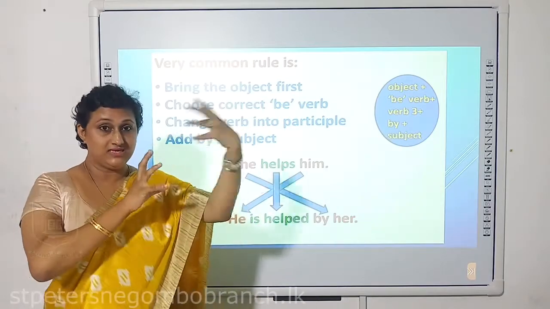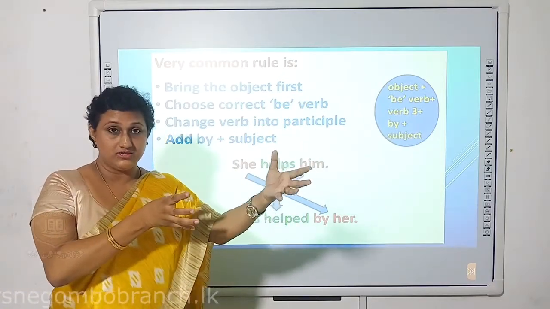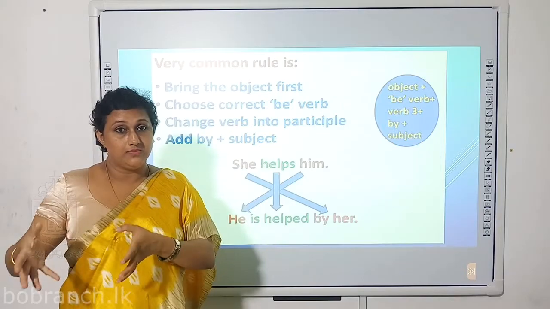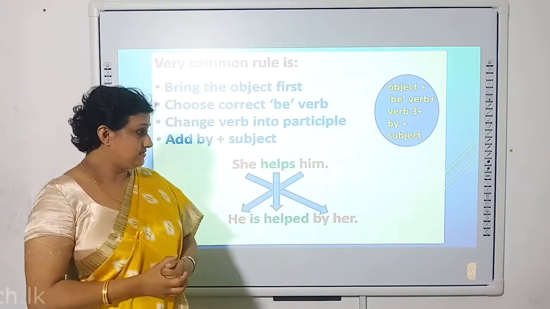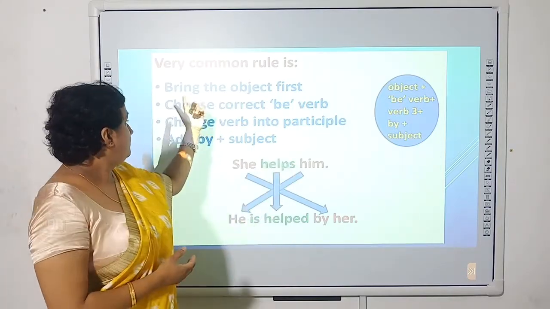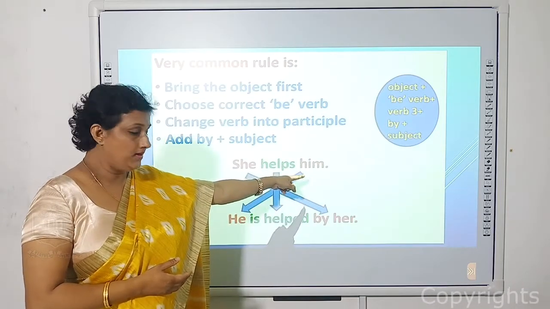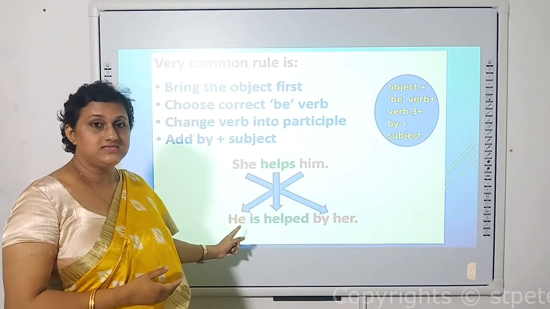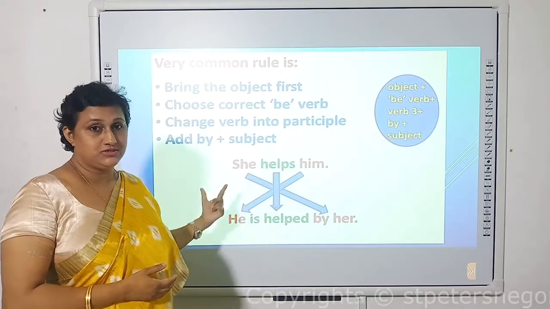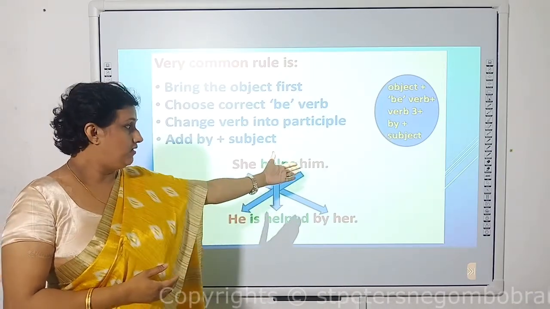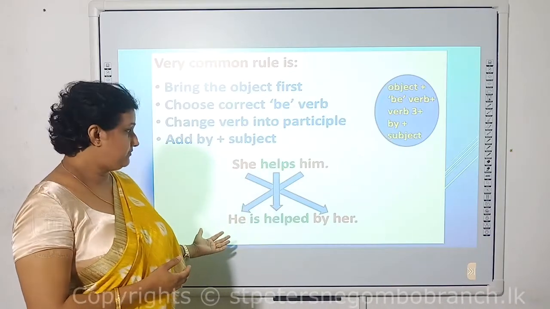That is the receiver of the action in the active voice has to come to the top of the passive voice sentence. So bring the object first. Him, the object pronoun, has come here to the top as a subject pronoun. Him has changed into he when it comes to object pronoun into a subject pronoun.